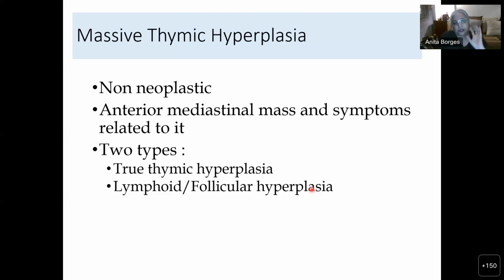Okay, and then you get follicles, and then you get germinal centers, you get mantles, and you get a classic follicular hyperplasia like you might even get in a lymph node. But it is present in the area of the medulla, not in the cortical part of the thymus.